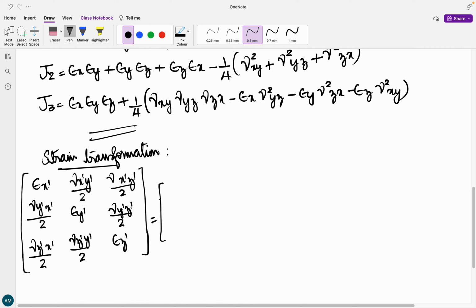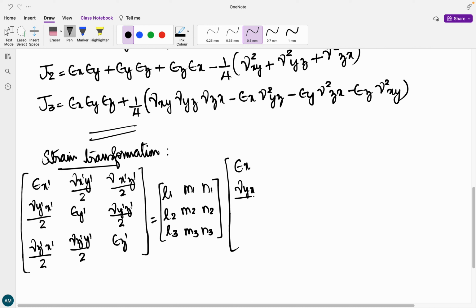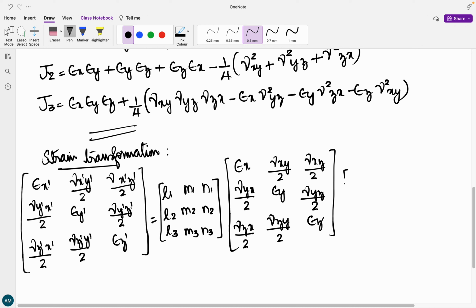This is equal to the direction cosines matrix L1, L2, L3, M1, M2, M3, N1, N2, N3, times another matrix epsilon x, gamma yx by 2, gamma zx by 2, gamma xy by 2, epsilon y, gamma zy by 2, gamma xz by 2, gamma yz by 2, epsilon z, times the transpose of the direction cosines matrix, L1, M1, N1, L2, M2, N2, L3, M3, N3.